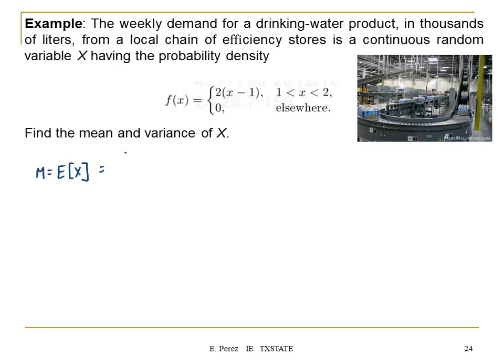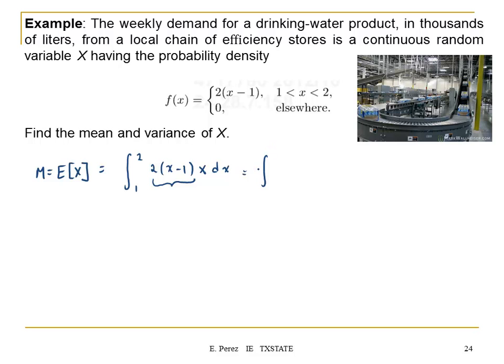You look at the integral from 1 to 2 of 2 times (x minus 1) times x dx. You remember, to get the expectation you have to multiply by x, which is the value of the random variable, and this term right here is f of x.